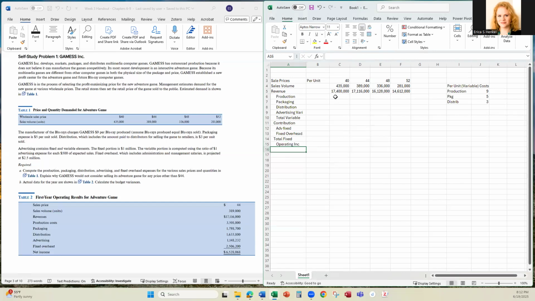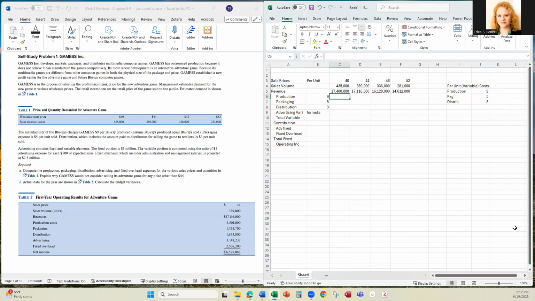All right. So if we have on a per unit basis, the variable advertising is one advertising expense for each $500 of expected sales. Okay, so I'll put a formula in here for that one.